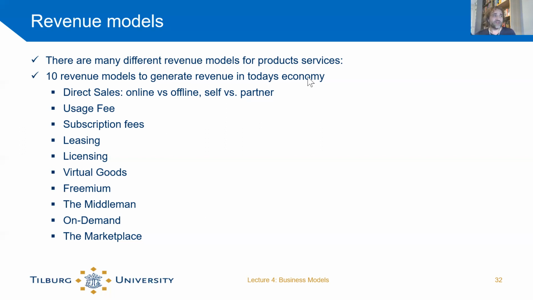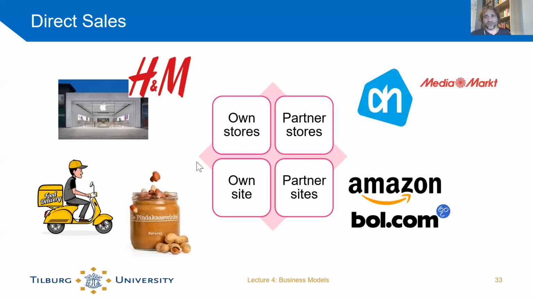So how can you generate revenue in today's economy? There are a number based on the literature for this week. First of all, of course, you have direct sales, which is basically directly selling your product. You can do that in your own store or in other people's stores, on your own website or on partner websites.